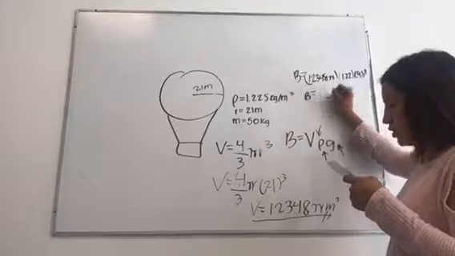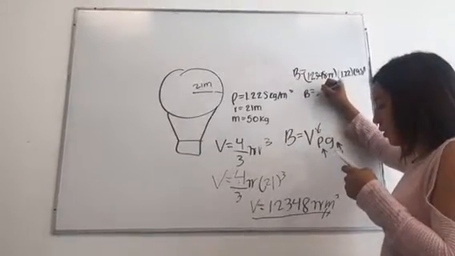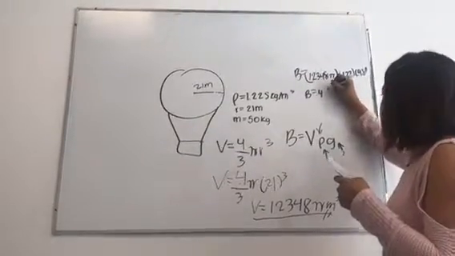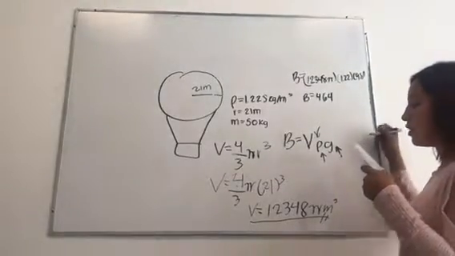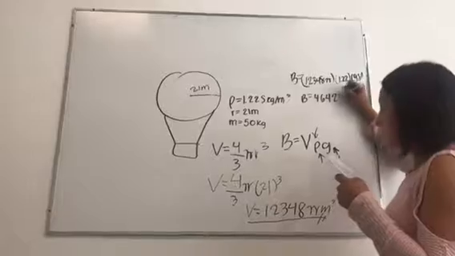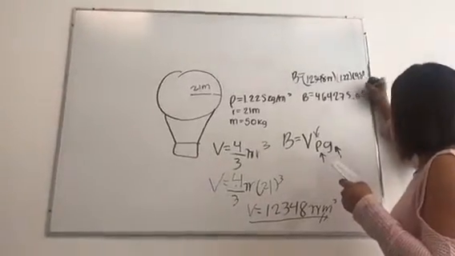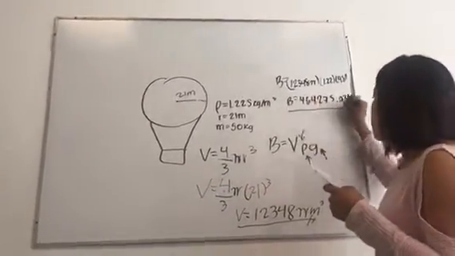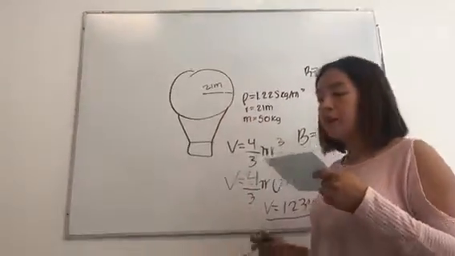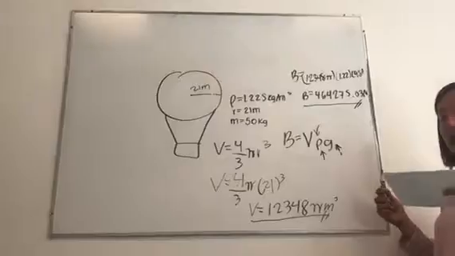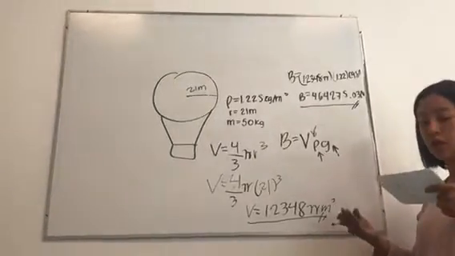So the buoyant force is going to be 464,275.3 newtons. That's the buoyant force that makes the balloon go up. But they're not asking that, right? They're asking what extra mass can be loaded.